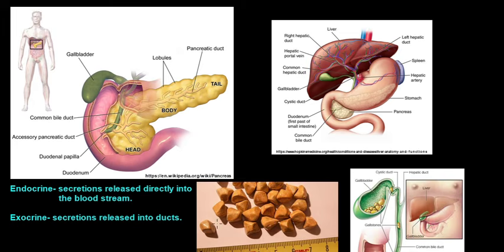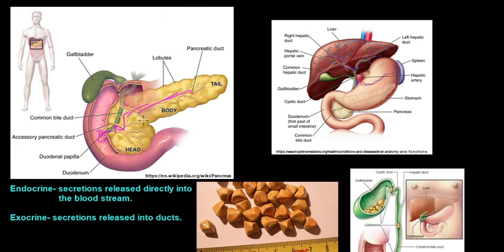So the pancreatic juice is secreted via the pancreatic duct, which is this over here, and then it eventually joins the common bile duct, and they then empty into the small intestine. The pancreas is both an exocrine and an endocrine gland, because the endocrine function is with regards to insulin and glucagon that are released directly into the bloodstream to control the blood sugar levels.